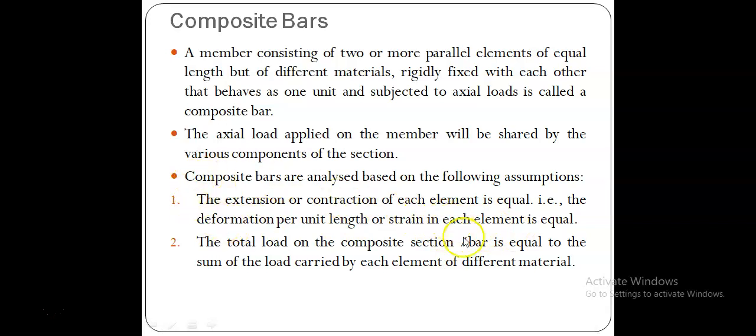So the total strain in that composite bar is also equal to the strain in one material, and the other material is also in there. So both strains are equal. Second, the total load on the composite bar is equal to the sum of the load carried by each element of that material.